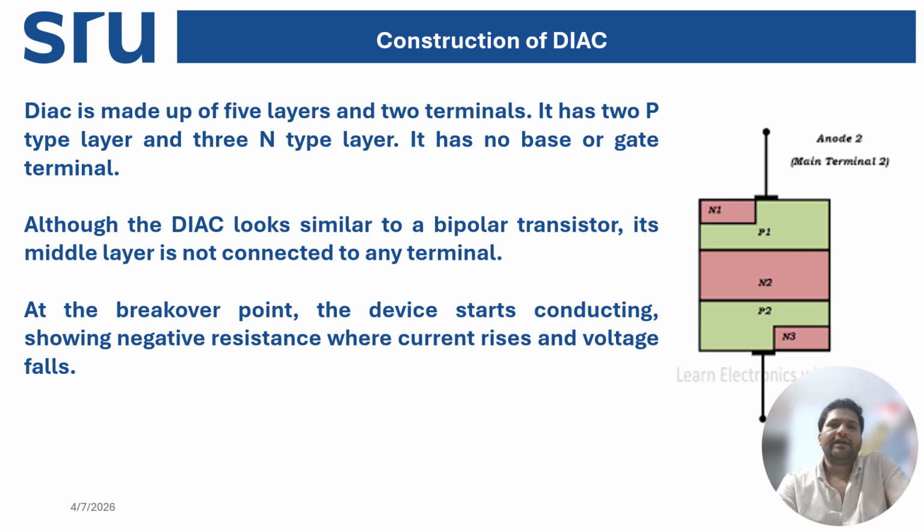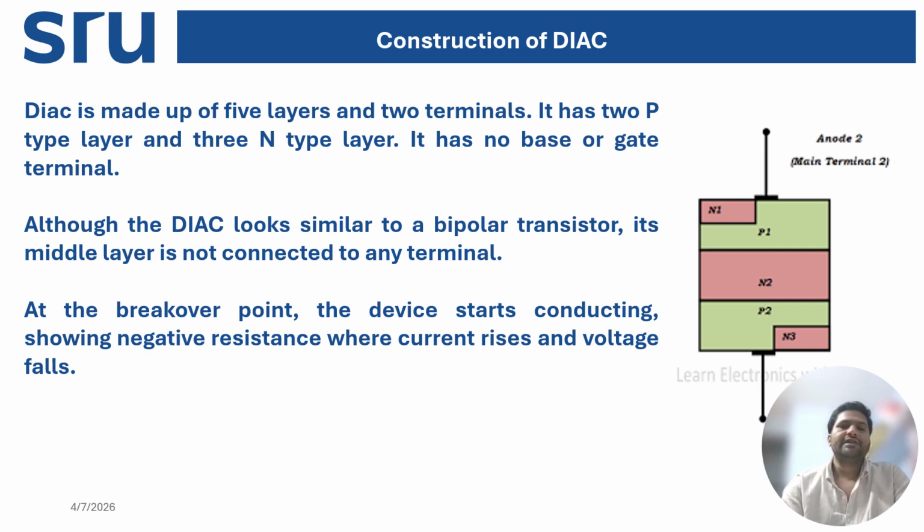The terminals are T1, T2. There is no gate terminal like the TRIAC or SCR. Junctions formed depending upon the structure. Multiple PN junctions are formed. These junctions control the breakover behavior of the device.